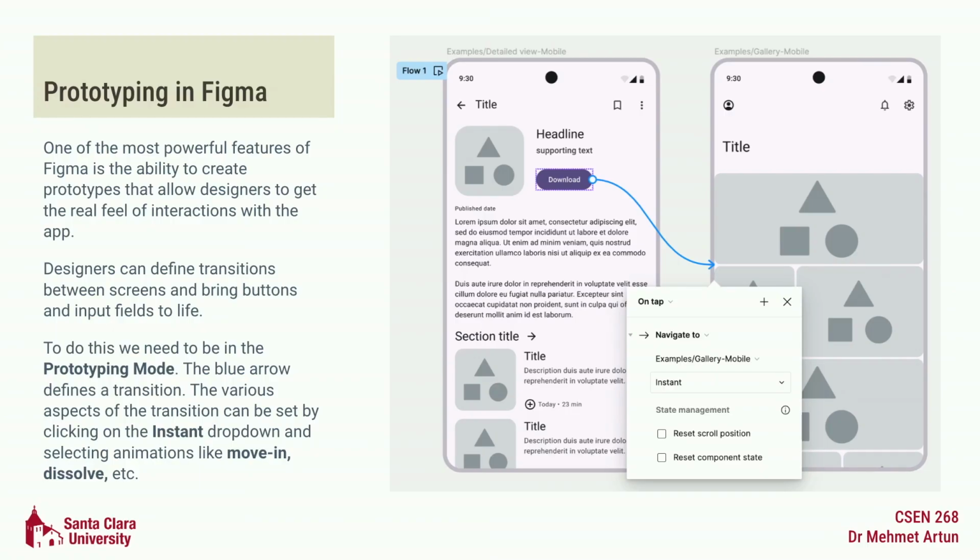And then when you click on this button, it will show this kind of screen, okay? In Figma, what you can do, you go to the prototyping mode, you select this component. The moment you select that component, it gives you that sort of blue circle, okay? From that blue circle, you drag to the screen that you want it to go to.